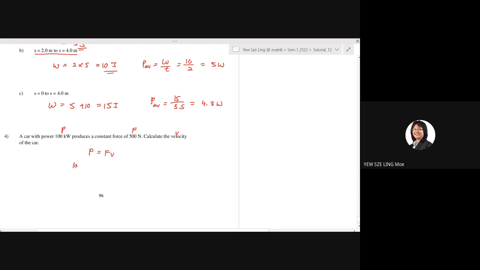So 100 kilowatt, 100 times 10 to the power of 3 equals 500 V. So V is then equal to 200 meter per second. So done. This is very simple. You just calculate the instantaneous velocity of the car when the power is 100 kilowatt.